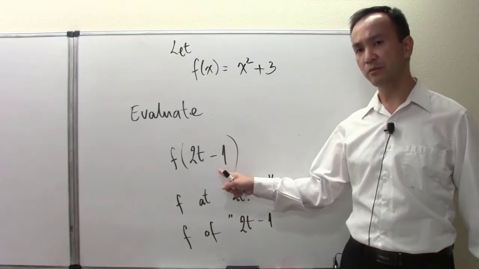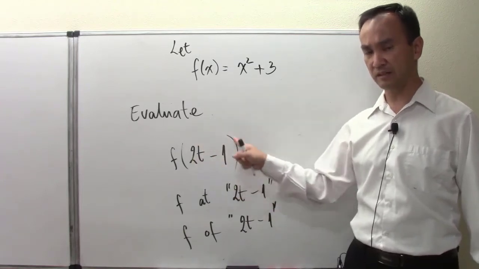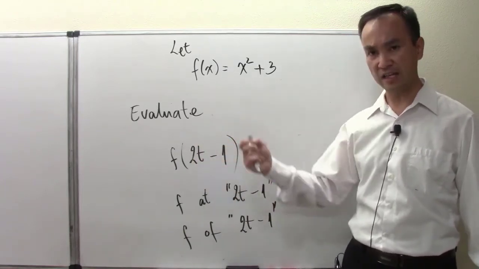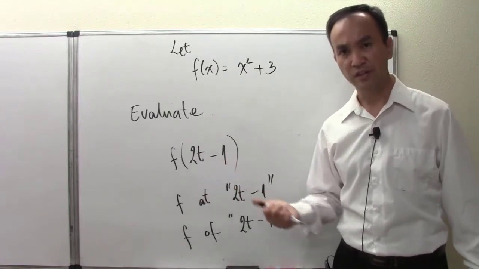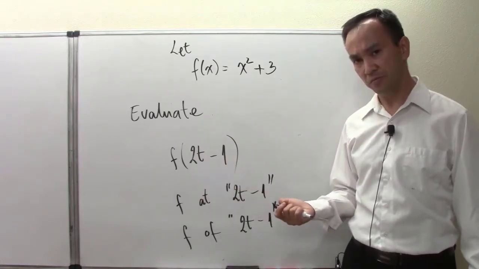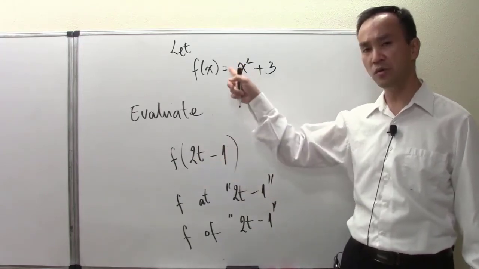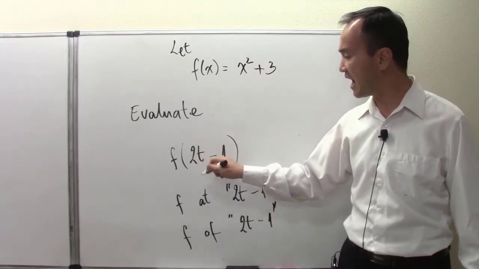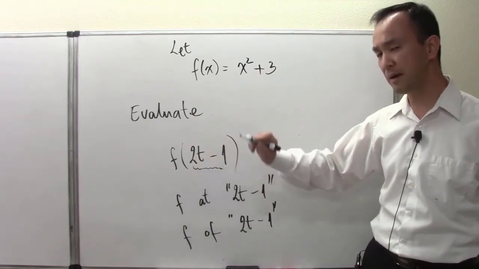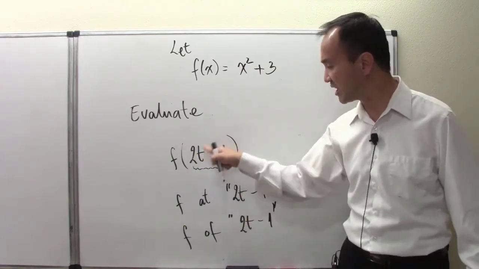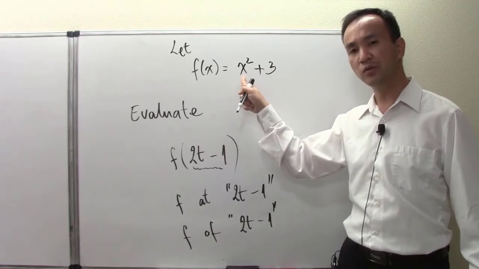Again, this is another problem where we no longer have the input to our function as a numerical value. We're looking at an expression being substituted into our function. So now the entire 2t minus 1 is going to be substituted into the x.